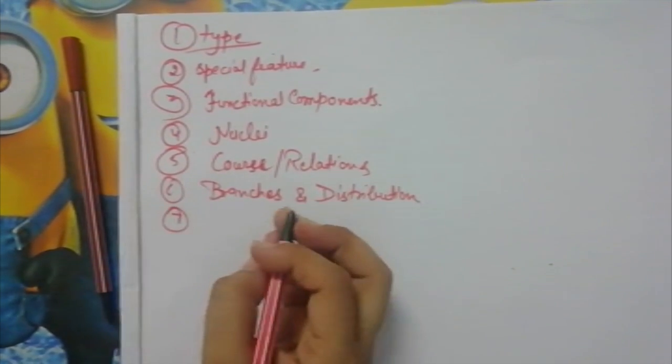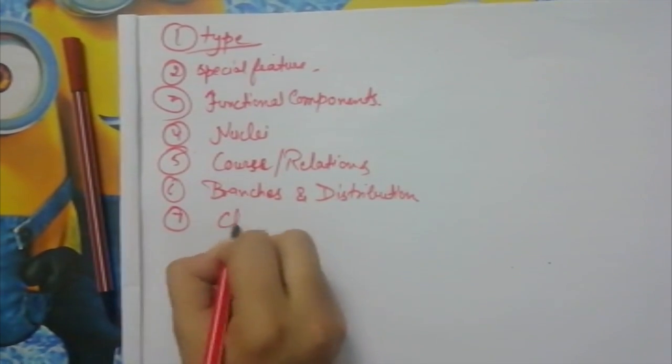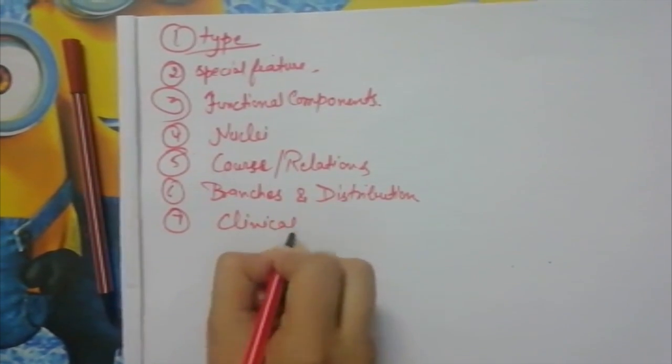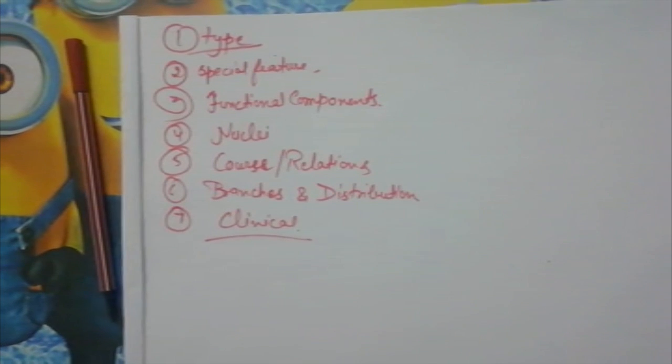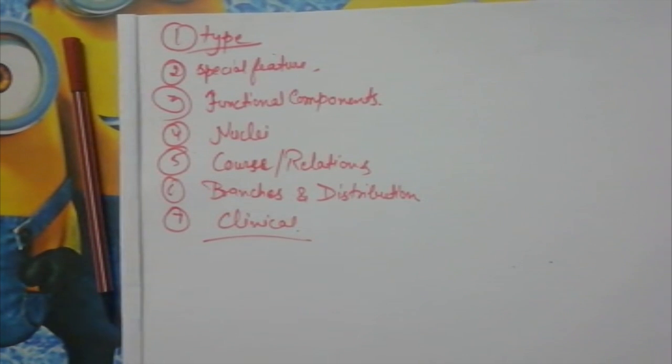And seventh is clinical. So these are the topics we will cover to explain one cranial nerve: the type, special feature if any, functional components, nuclei, course and relations, branches and distribution, and finally clinical.